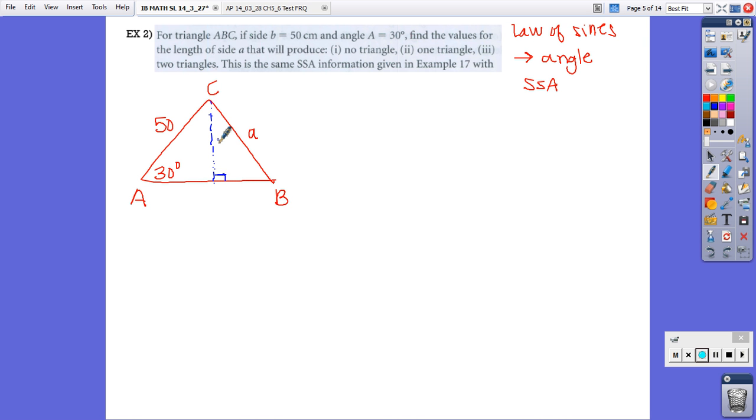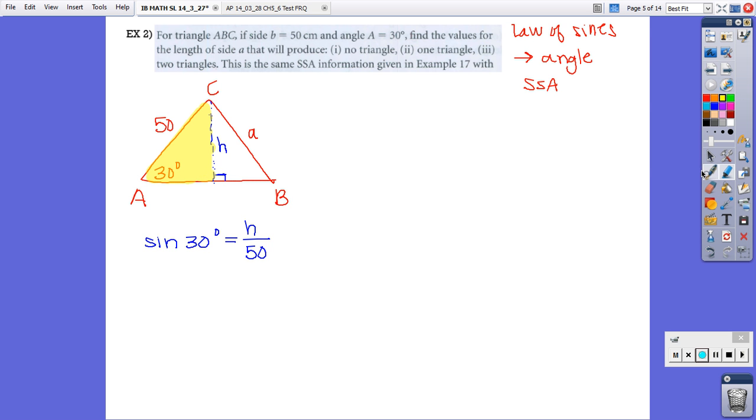So I'm going to call this side H, and I'm going to use SOHCAHTOA, because it's a right triangle, to find H. So that would be sine of 30 is equal to opposite over hypotenuse. And the right triangle I was using was this side. Okay.